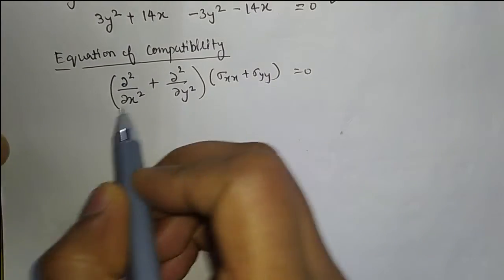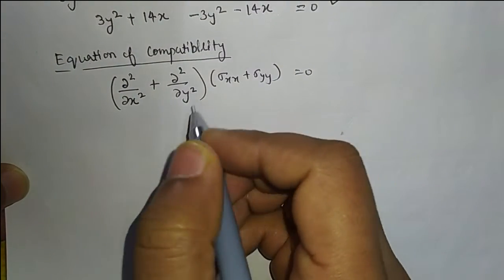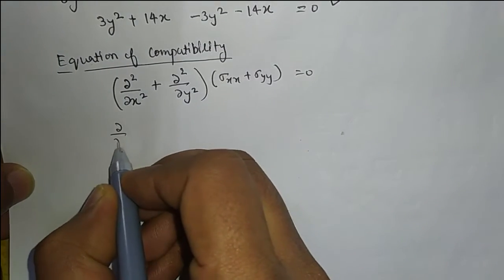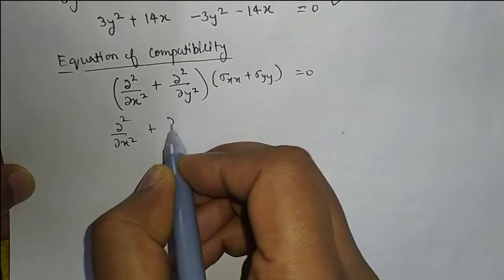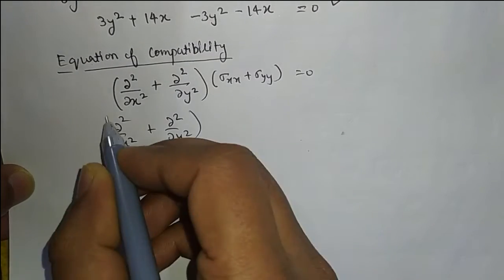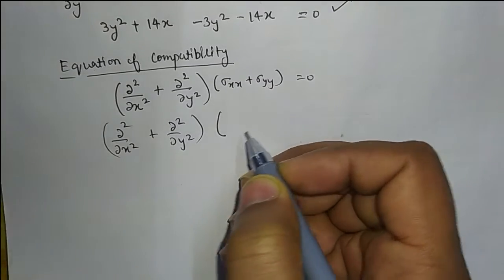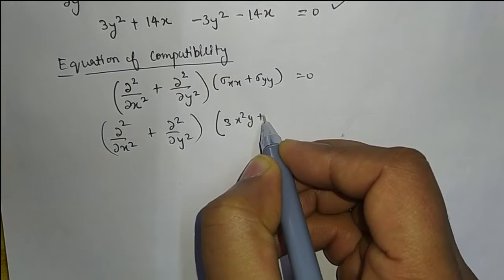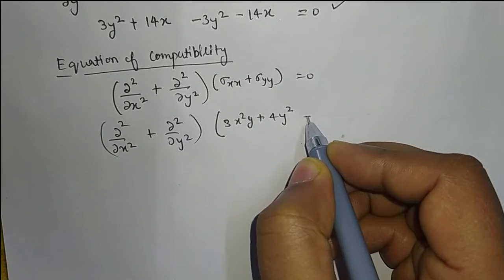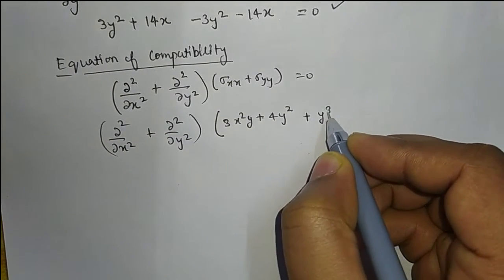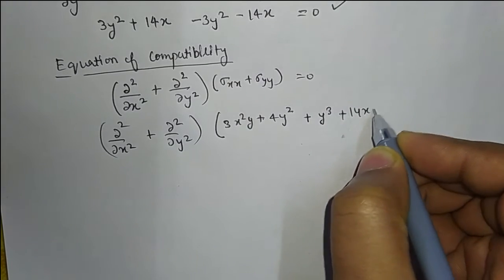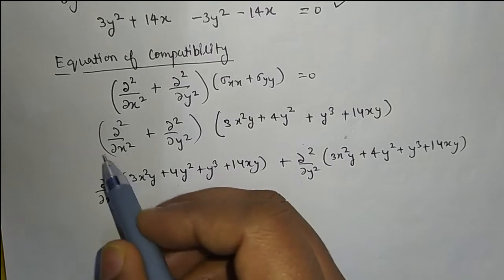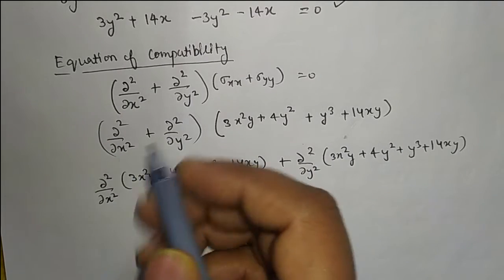The equation of compatibility for a two-dimensional state of stress is given by this: del square by del y square, now we are adding sigma xx plus sigma yy. Now we are multiplying these terms by the terms in the bracket.